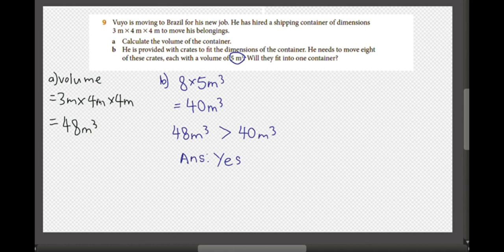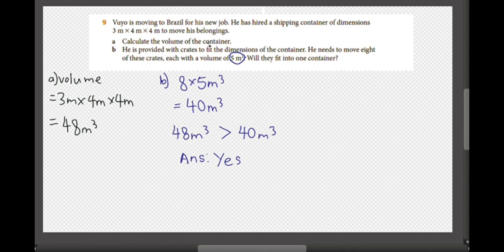Just now we have already calculated that the volume of one container is for the 8 meters cube. Now here he says that he needs to move 8 of these crates, each with a volume of 5 meters cube. So to find the volume of 8 crates, we just take 8 times 5 meters cube, which we will get for the meters cube.